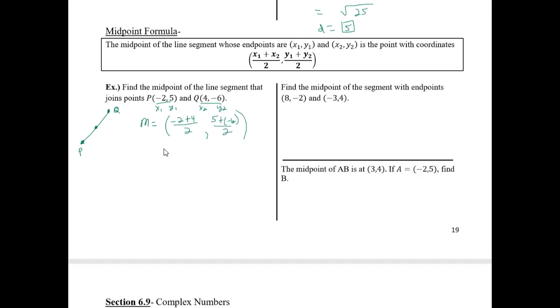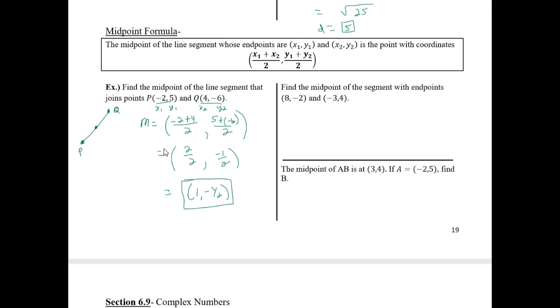That's going to be our y coordinate. We simplify. -2 plus 4 is 2, and 5 plus -6 is -1. And then lastly, 2 divided by 2 is 1, and we can leave -1/2 as -1/2. That's in lowest terms. So the midpoint between P and Q is 1, -1/2.